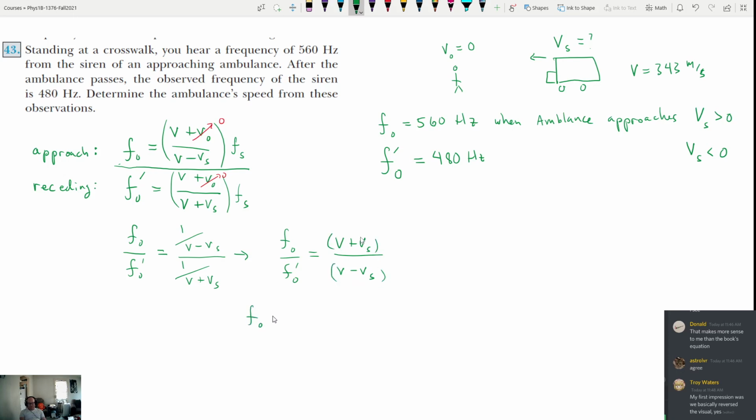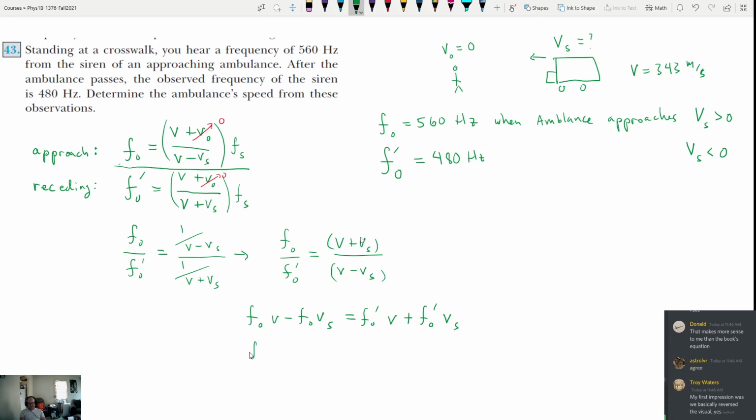So we get FO times V minus FO times Vs is equal to FO prime times V plus FO prime times Vs. We're solving for Vs, so I'm going to move this term to the right-hand side and this term back over to the left-hand side.